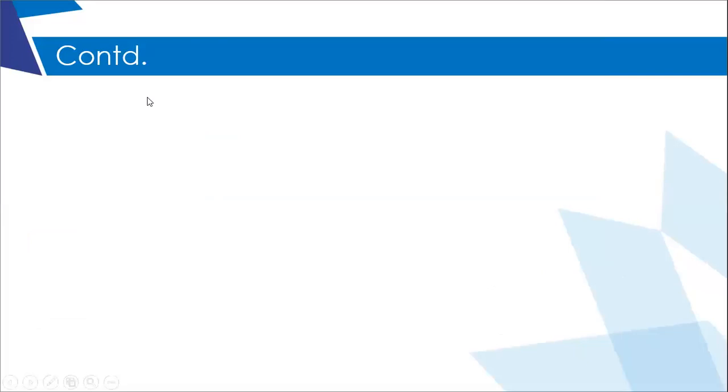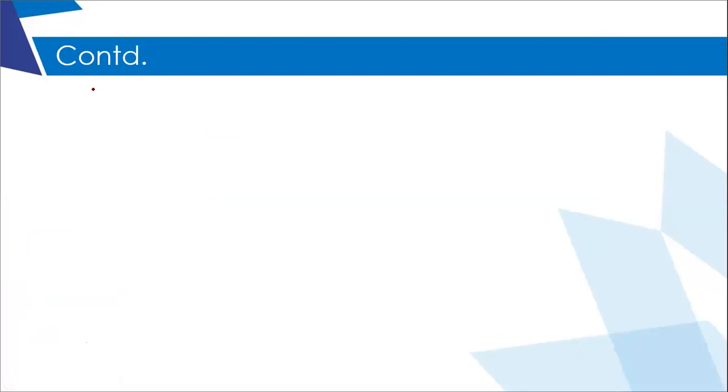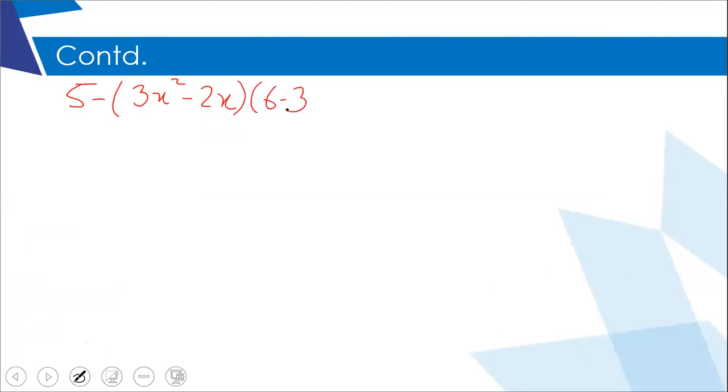I'll just copy the question and then I'll try to solve. So it was 5 minus within bracket 3x square minus 2x, and another bracket 6 minus 3x square plus 2x, right?